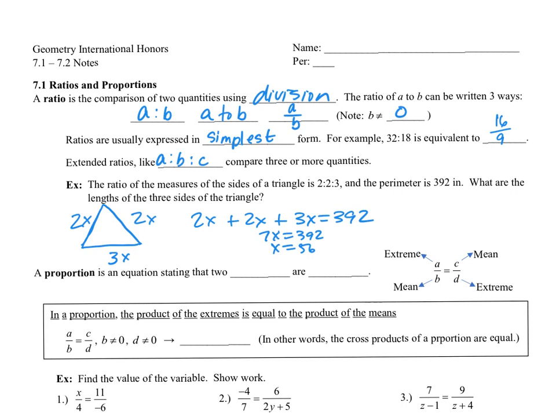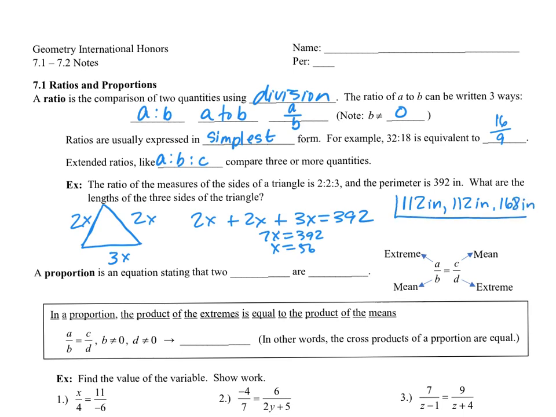So now I know that my common factor is 56. To find the 3 sides of the triangle, I'm going to multiply 2 and 2 and 3 by 56. So 2 times 56 is 112. So 2 of the sides would be 112 inches. And then that third side, when we multiply 56 by 3, would be 168 inches.